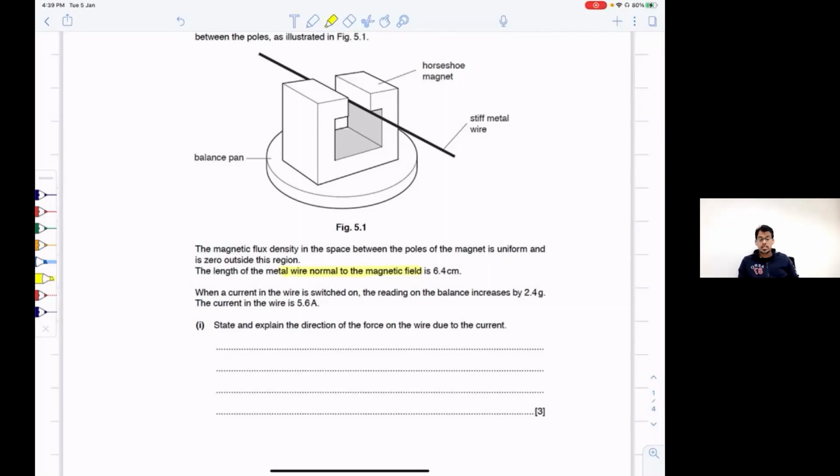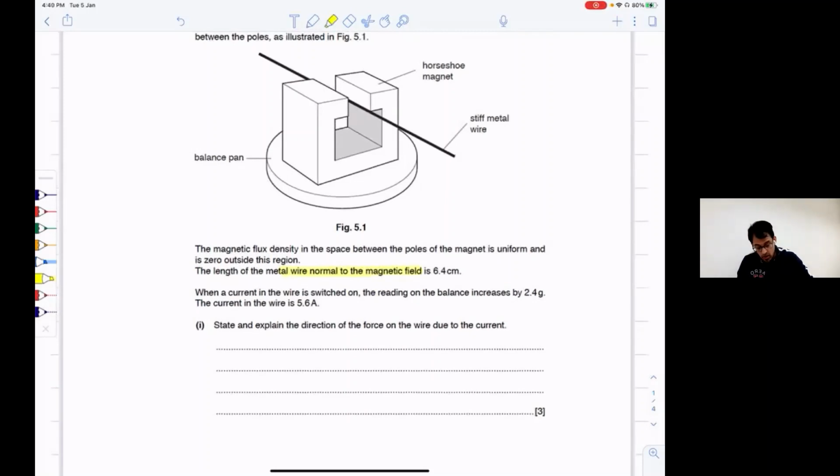Now, what I mentioned about this increase actually gives you the information that the force exerted by the conductor on the magnet is in the downward direction, because this value is increasing. So the force on the wire should be in the upward direction. Instead, I explain the direction of force on the wire due to this current.